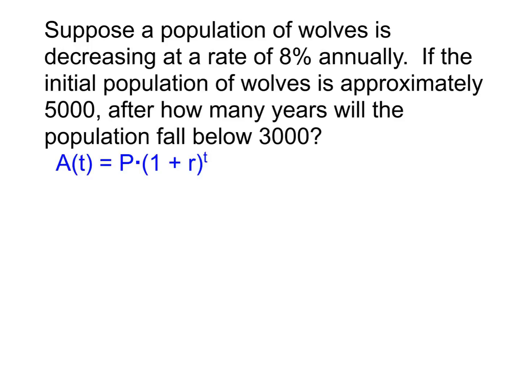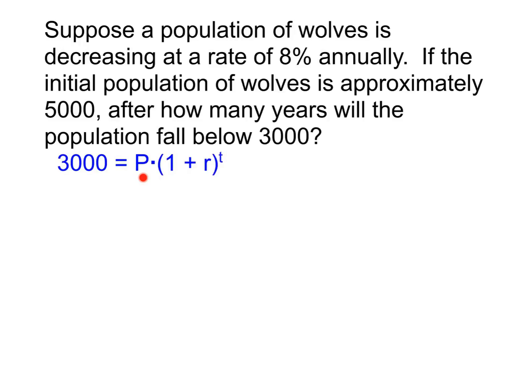We know where it should be ending. But now look at it carefully to see which one it is. We're looking to see when will the population fall below 3,000. So we're looking to see when does it reach 3,000. So 3,000 is our A value. It's our final value that we're looking to see how long it takes to reach.